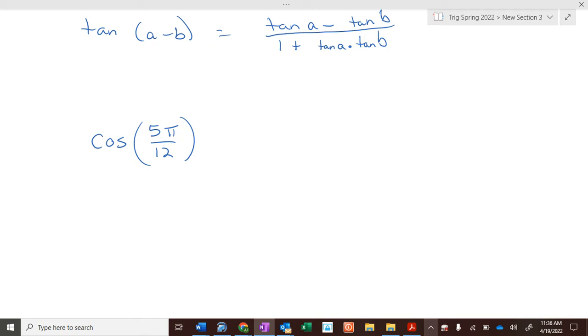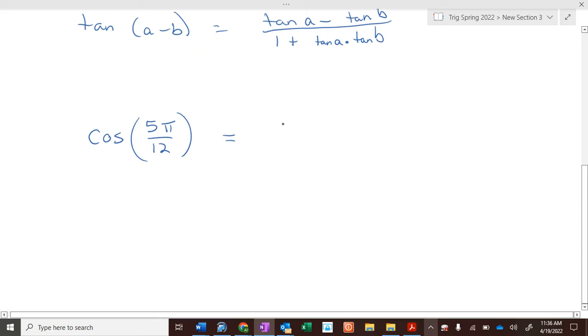But we have a sum formula that'll allow us to find the cosine of 5 pi over 12. All right. What adds up to 5? 2 and 3. Thank you for saying 2 and 3 instead of 1 and 4. So, if we take the cosine of 2 pi over 12 plus 3 pi over 12, that is equal to the cosine of 5 pi over 12, correct?